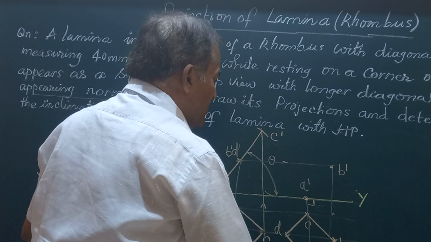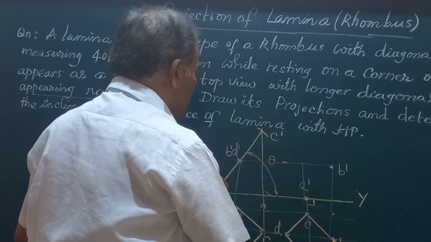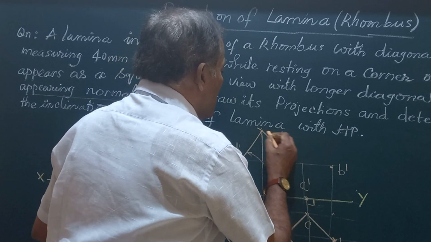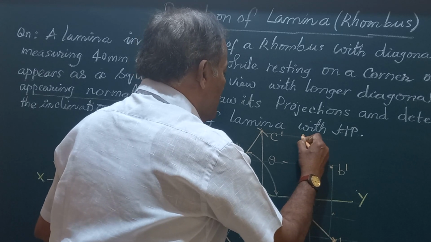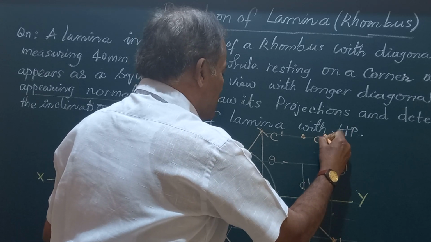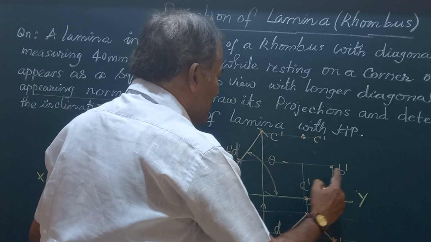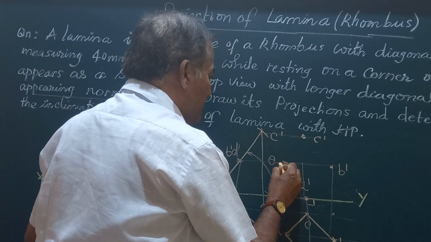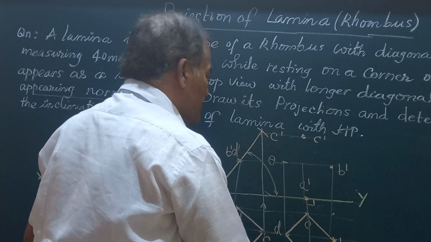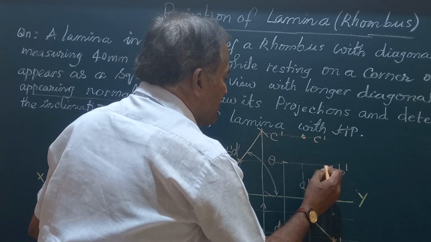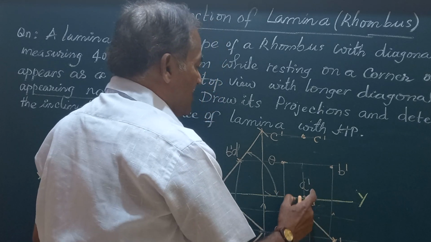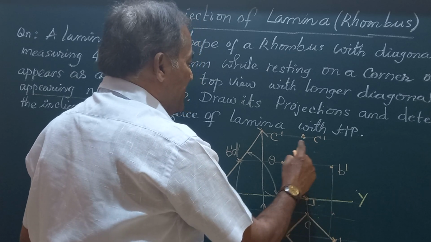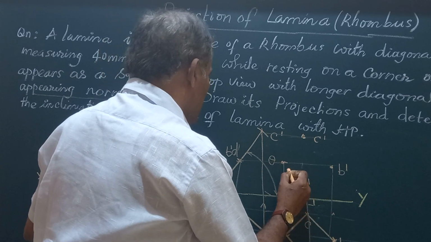Similarly, C: vertical from C, horizontal from C. The point of intersection of these two will give you the point C dash. Finally, D: horizontal from D, vertical from D. So they will meet here at this point. So friends, you have got all the four corners, A dash, B dash, C dash and D dash.